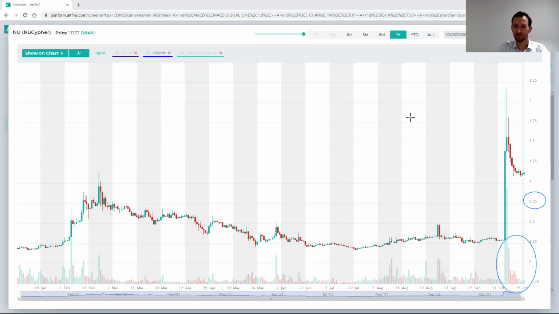So that's about 25% downside, but my upside, I'd say, is about $1.75, which from these levels is about 50% upside. So it's 50% upside, 25% downside. That's about a 2 to 1 reward to risk ratio, which I think you should have as a minimum.